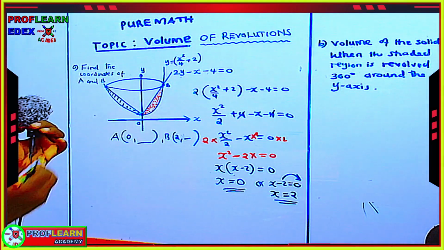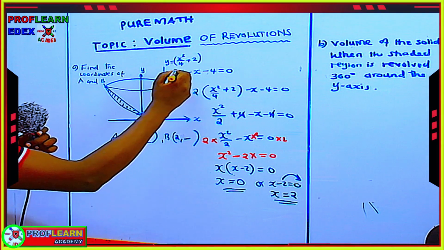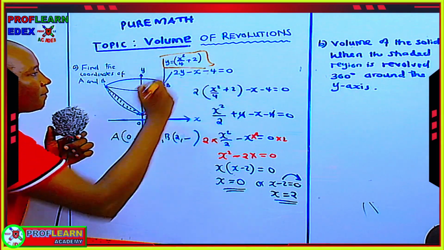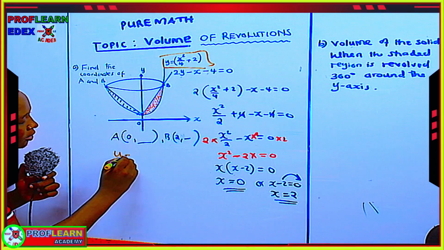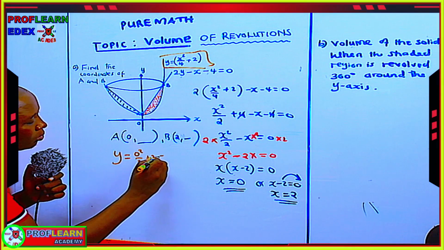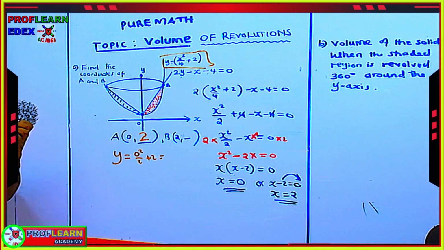In order to find the value of y for A, we can use any of the equations here. Then we are going to say y is equal to 0 squared over 2 plus 2. Then it means that y is going to be 2 at that point. So y is 2.